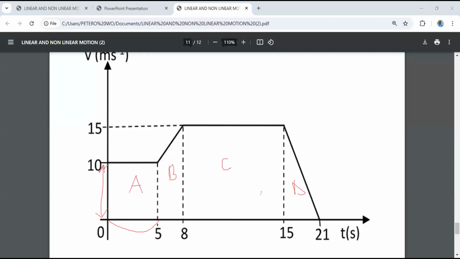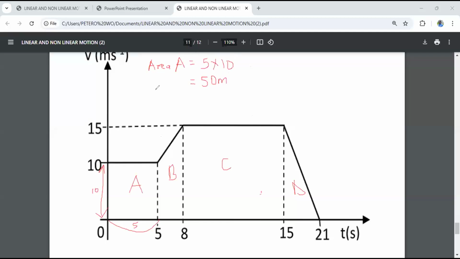So the area is going to be equal to the length, which is 5, times the width, which is 10. So our area A will be giving us 50 meters.